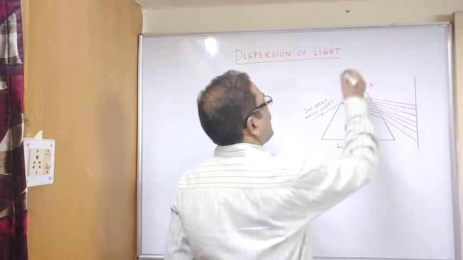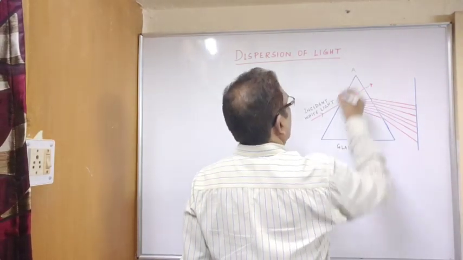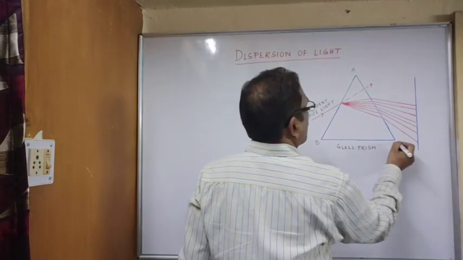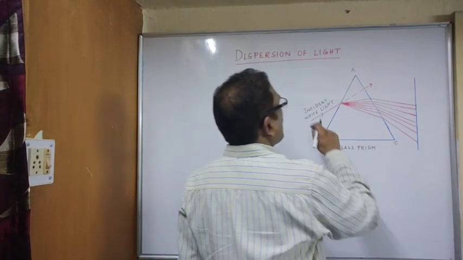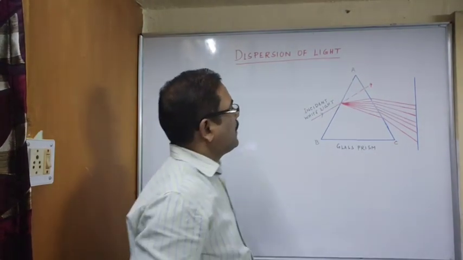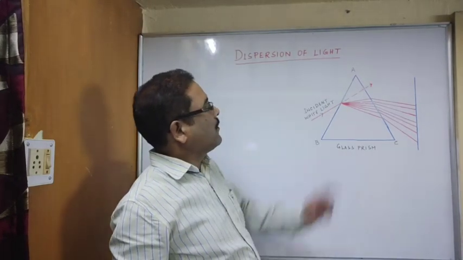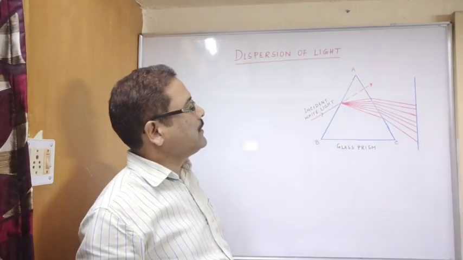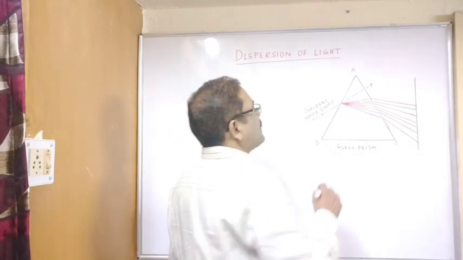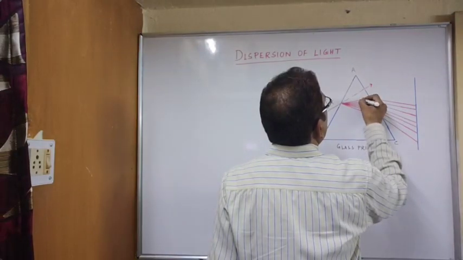Suppose ABC is a triangular glass prism and a ray of white light is incident on it, on one of the refracting surfaces.